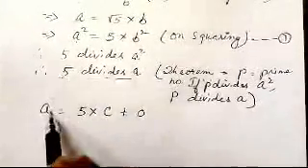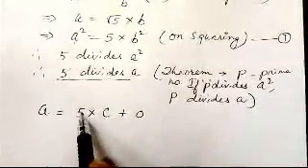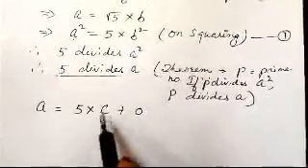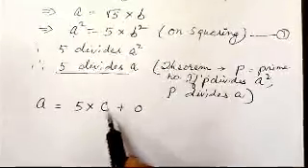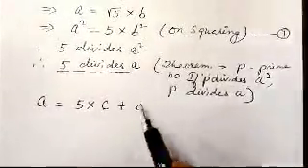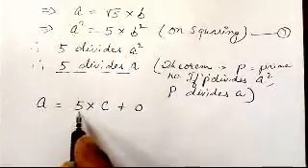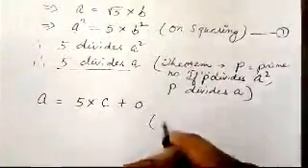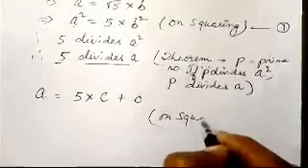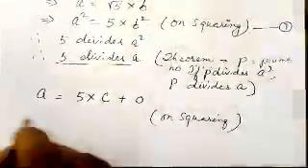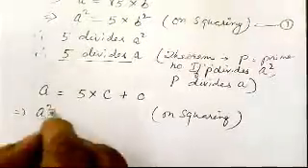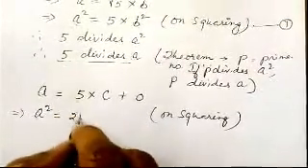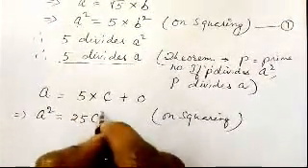That means A is the dividend, 5 is the divisor. So we can get any quotient. That quotient we have represented as C and the remainder is 0. So we got A is equal to 5C. Now this also you square. On squaring we get A square is equal to 25 C square.